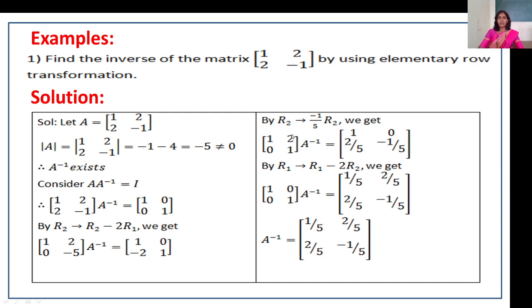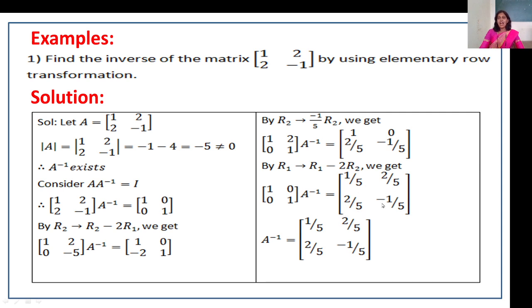After that we have to reduce this 2 to 0. For that we use the transformation R1 gives R1 minus 2 R2. So here you apply this transformation: 2 minus 2 into 1 is 0.